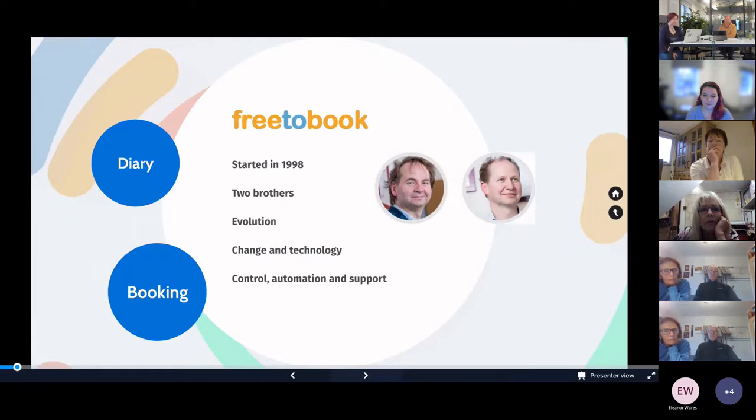It was started in 1998 by my brother. He has a strong background in hotels, and ever since then, we started off selling accommodation online. And just as the internet evolved, so did we, and we understood we had to keep changing and doing different things. The crux of it is that we're always implementing technology which replaces what we used to do.